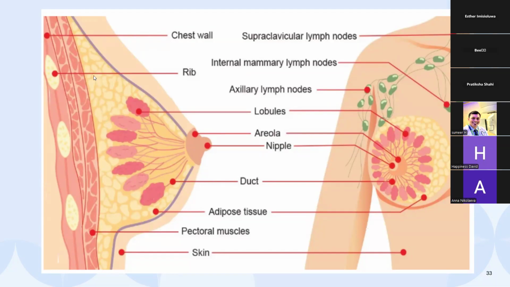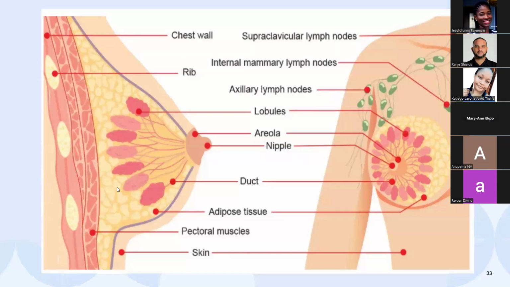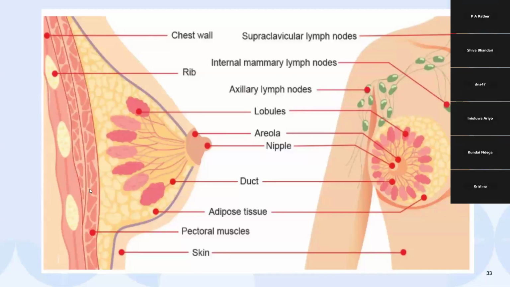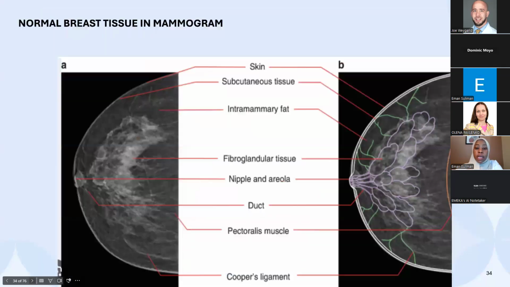As we can see, the breast is attached to the pectoral muscles, and the pectoral muscles are attached to the chest wall muscles. Whenever there is any pathology or tumor in the breast, it could invade the chest wall, as we will see in a minute.